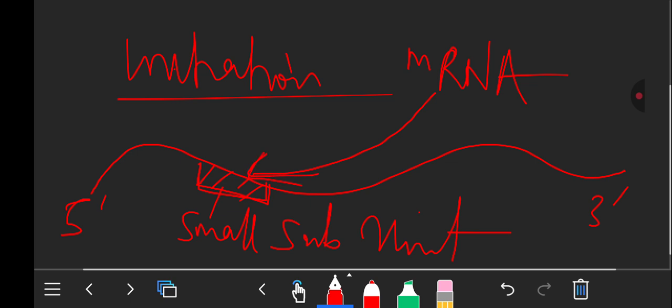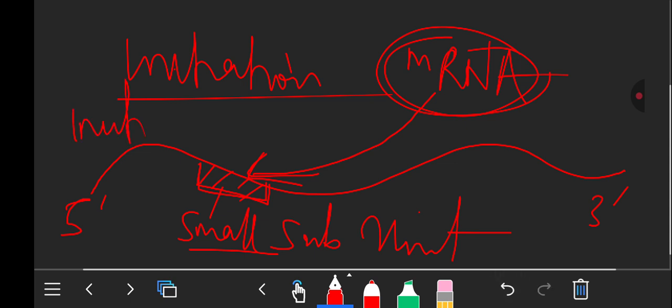Now, once this small subunit is located, there's something which is going to help this mRNA to bind to this small subunit. That thing is what we call the initiation factor.